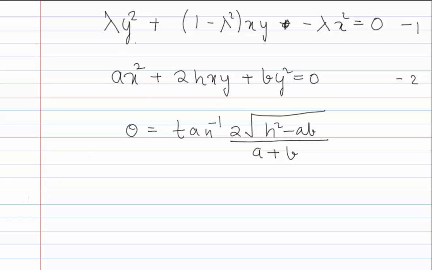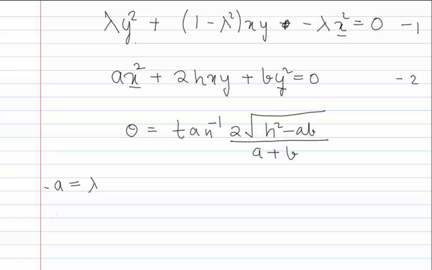Let's compare the coefficients of the x square term. a is equal to, and in this we have minus lambda, so a is equal to minus lambda, right? We got the value of a. So far so good. Let's compare the coefficient of the y square term.